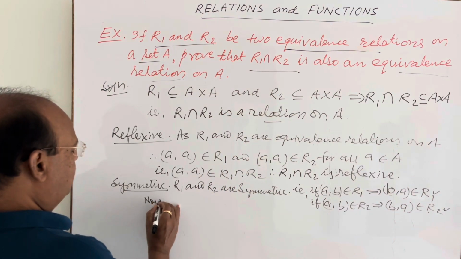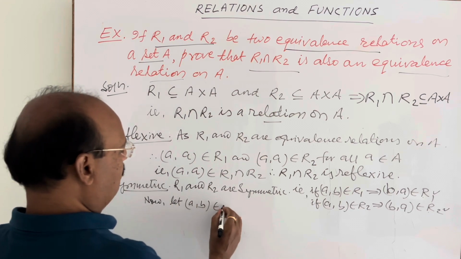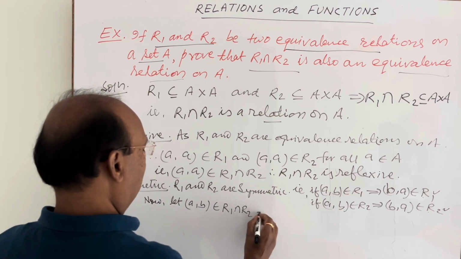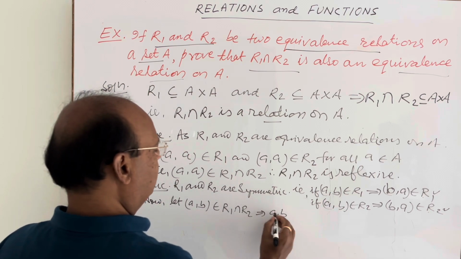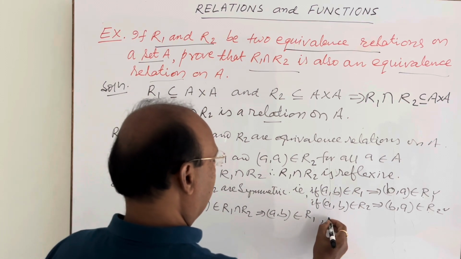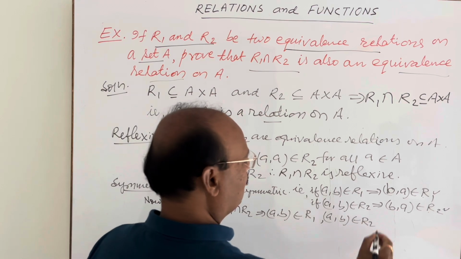Now let us suppose that the ordered pair (a, b) belongs to R1 intersection R2. This implies that (a, b) belongs to R1 as well as to R2.